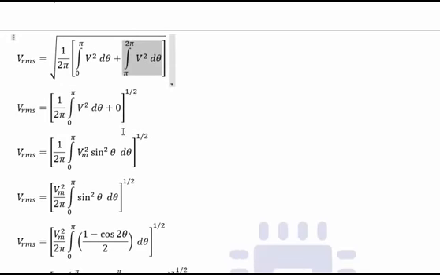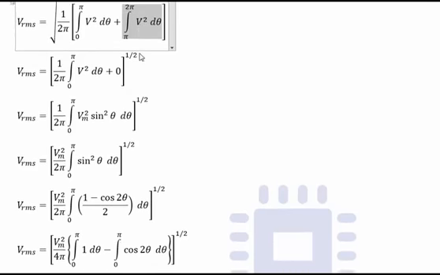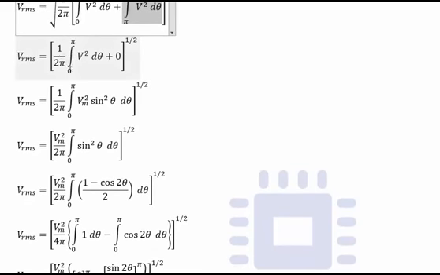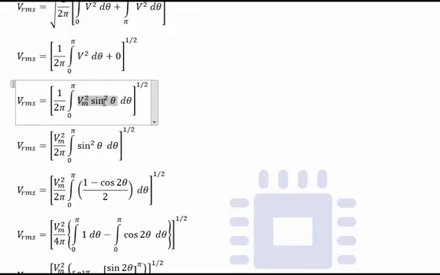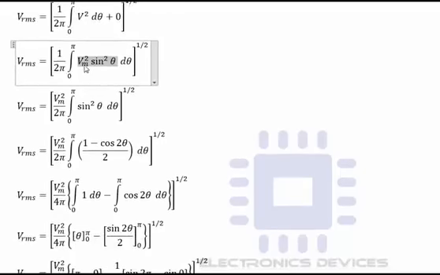The second part becomes 0, because for this range the value of v is 0. For the range 0 to pi the value of v is Vm sin theta, so the square of v will become Vm square sin square theta. Because Vm is constant, it should be taken out of the integration.